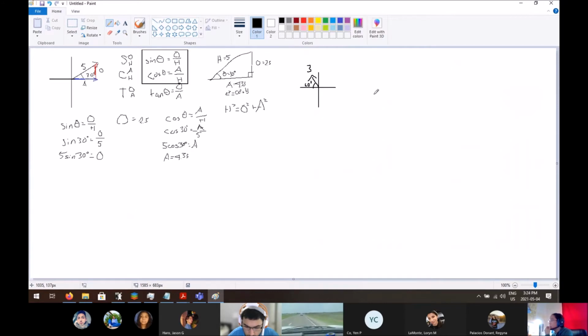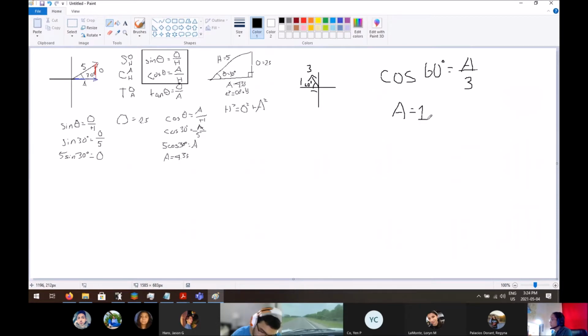Let's do that real quick so you can explode this into its component parts. You have the x and the y right here. So cosine of 60 degrees is equal to adjacent over hypotenuse, so it'd be A over 3. So A equals 1.5.